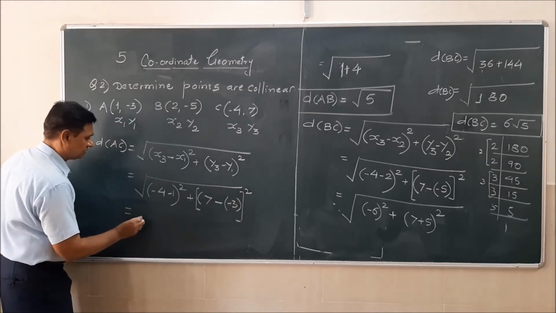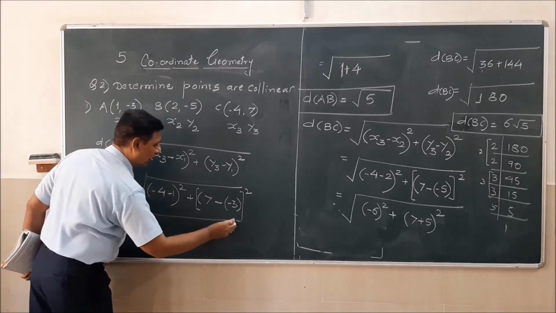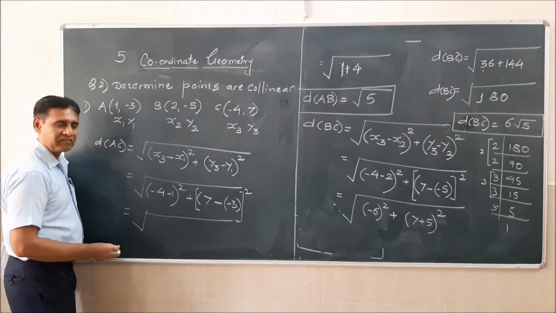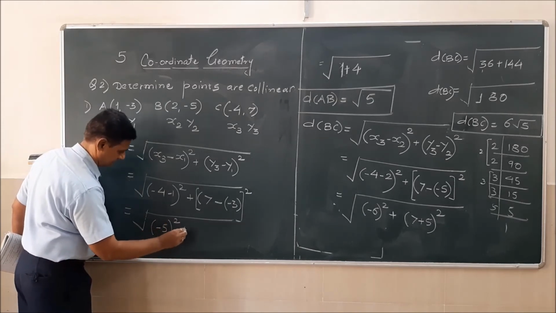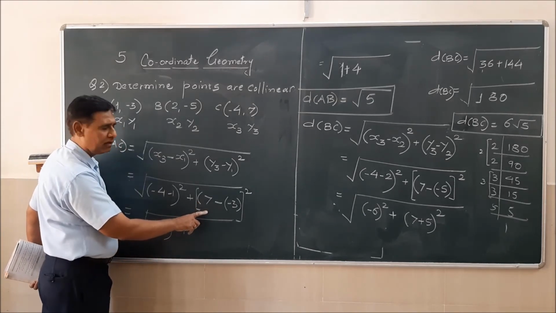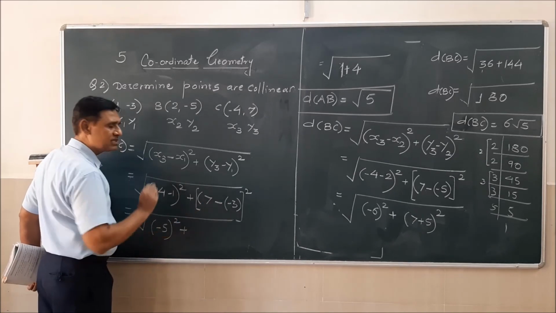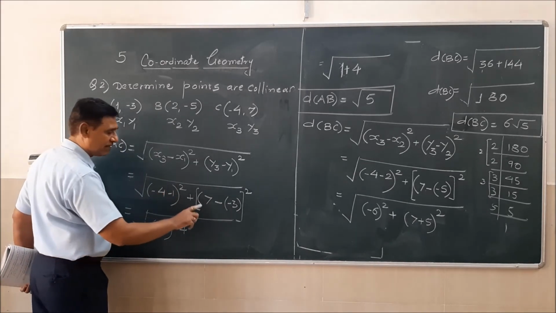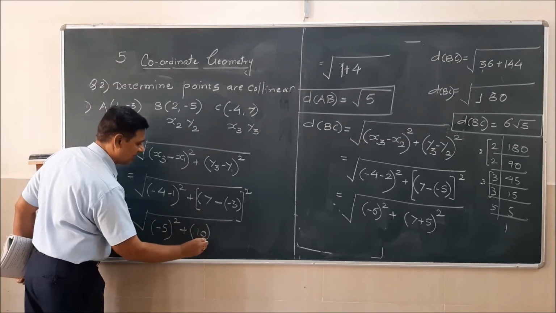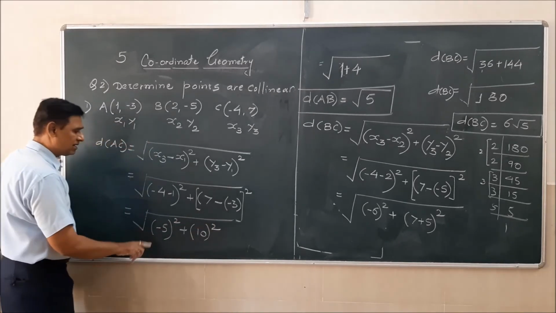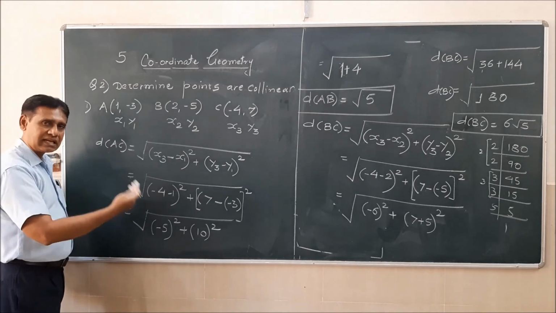That will give us minus 4 minus 1 is minus 5, so minus 5, the whole square, plus 7. Minus into minus is plus. So 7 plus 3 becomes plus 10, the whole square. So minus 5 square plus 10 square.